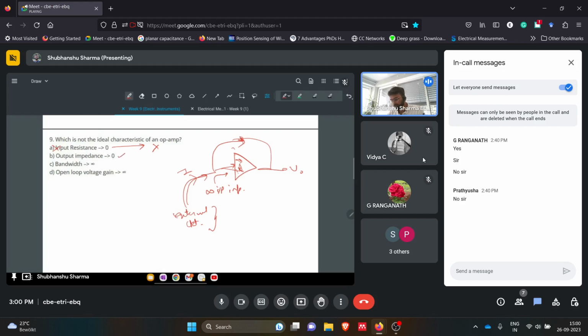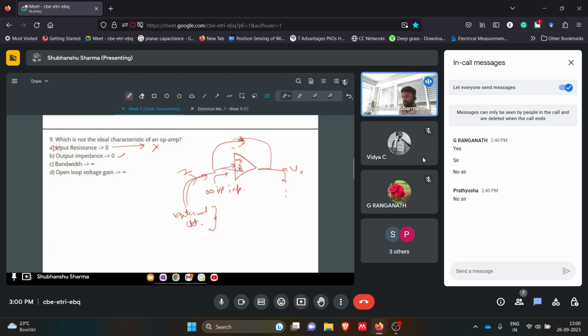Then we have output impedance zero. Yes, we should have output impedance as zero when we are attaching some load to it. It's an impedance matching kind of concept. We need that for amplifiers, impedance matching of the outer circuitry with the amplifier output.